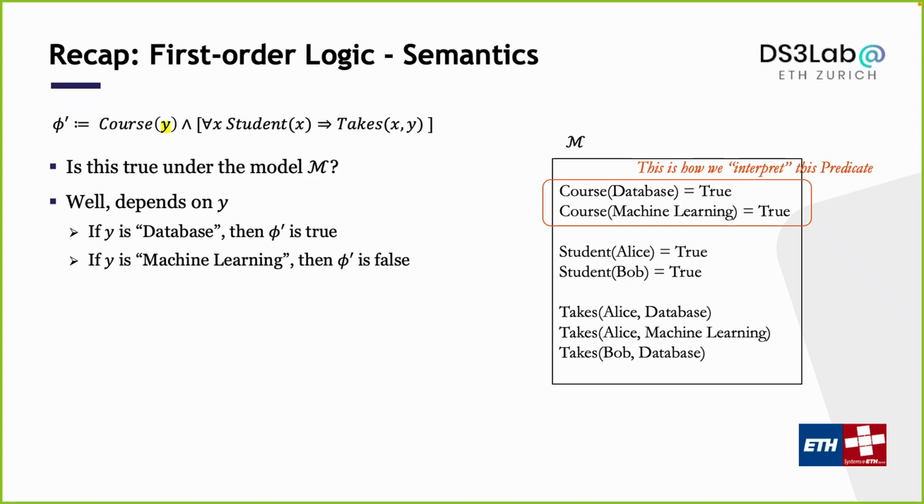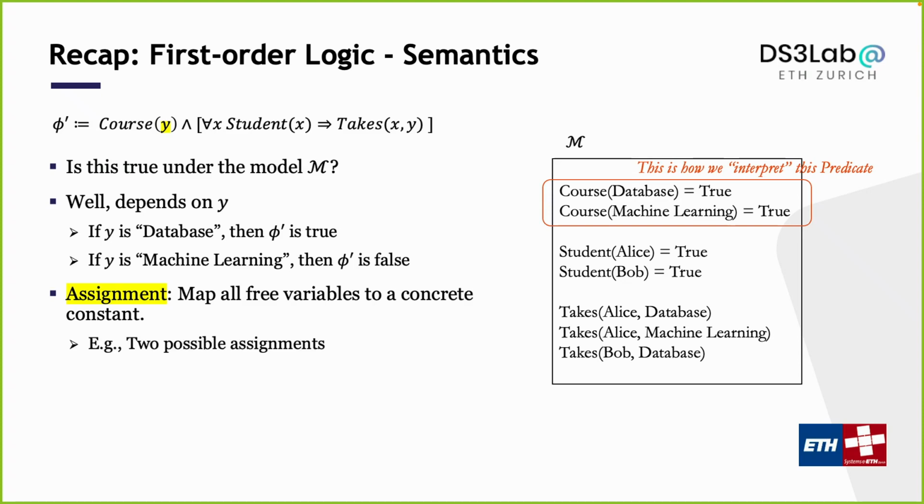So the way we model it is by having the notion of an assignment. What is an assignment? An assignment is a function that maps all free variables to constants. For example, here are two example assignments that we could have. We could assign the value of y to database, or we could assign the value of y to machine learning.